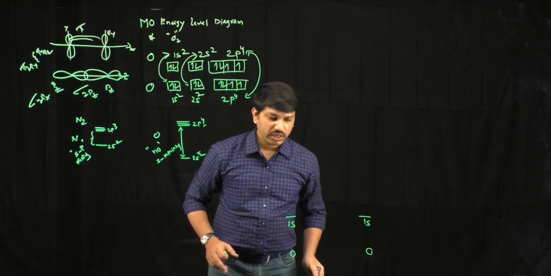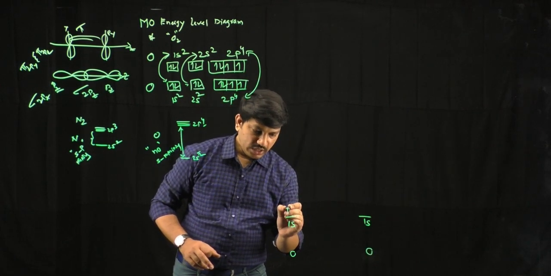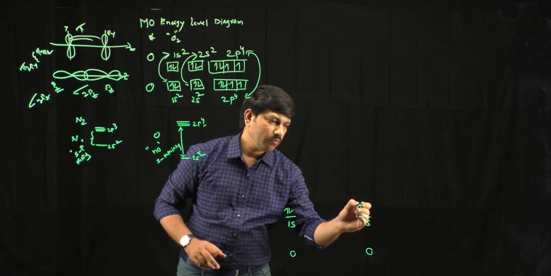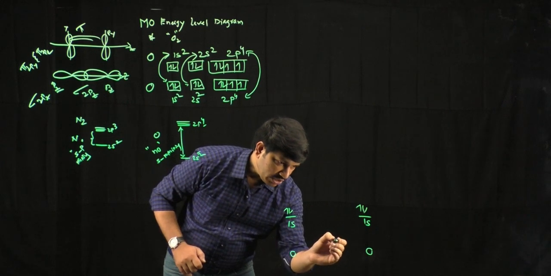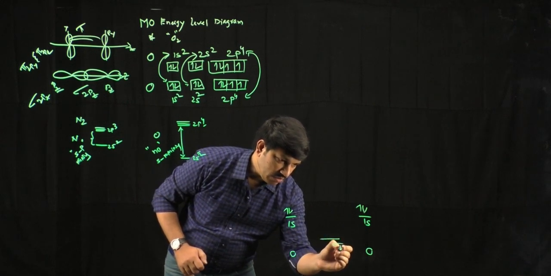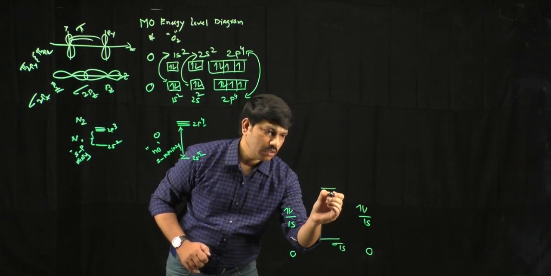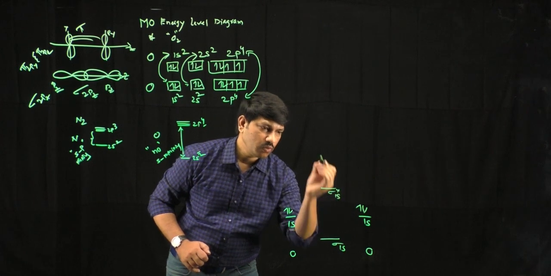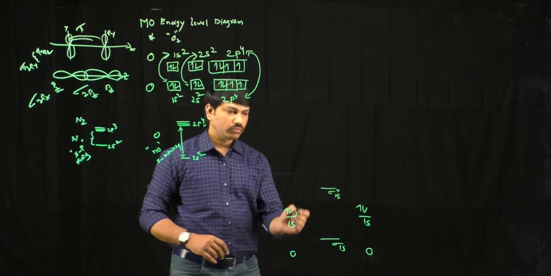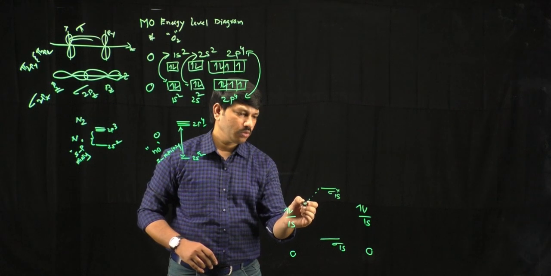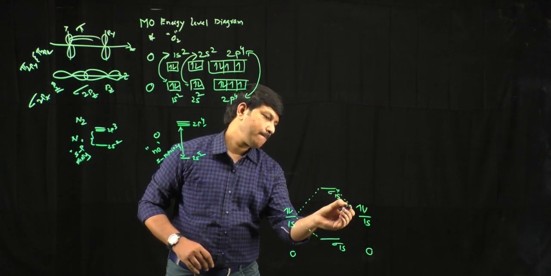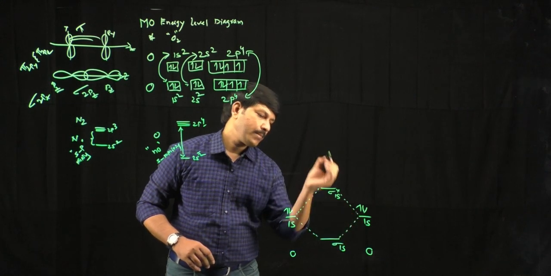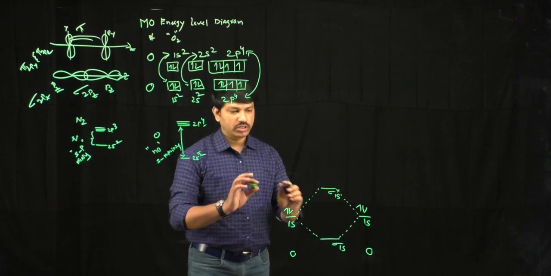Now these two undergo linear combination, and each 1s atomic orbital contains one electron in this manner. So now these undergo the linear combination process and produce the corresponding sigma 1s and sigma star 1s, like this.